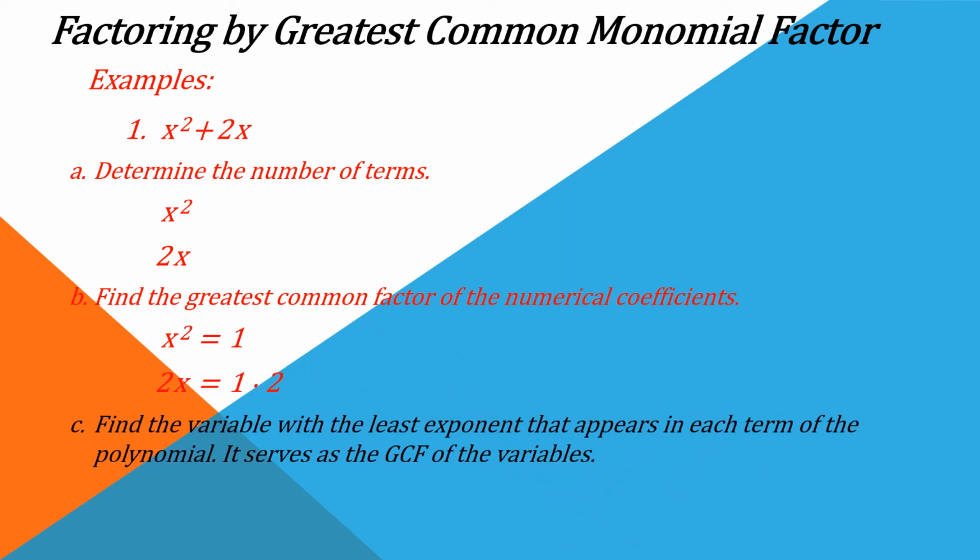Letter C, find the variable with the least exponent that appears in each term of the polynomial. It will serve as the greatest common factor of the variables. So from this example, the least exponent that appears in each term is only x.